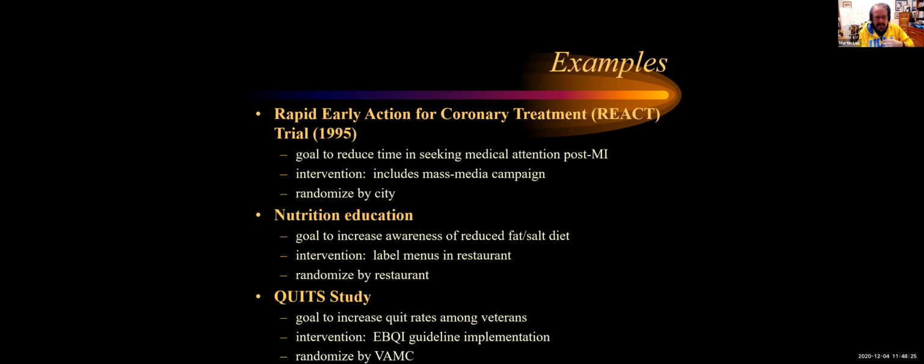The intervention included a mass media campaign, making people alert of symptoms or things that are leading up to the potential for having a heart attack. Well, you can't have a mass media campaign for some people and not others in a particular geography. So they had to randomize the participants by city.